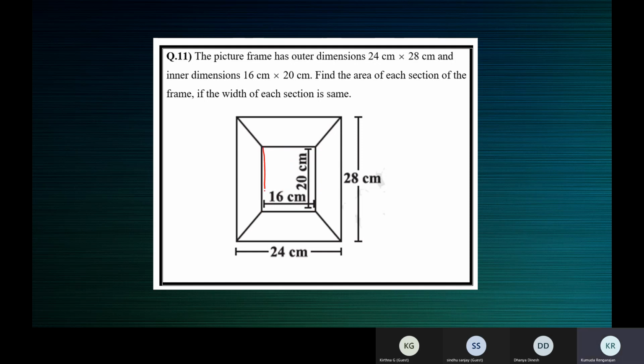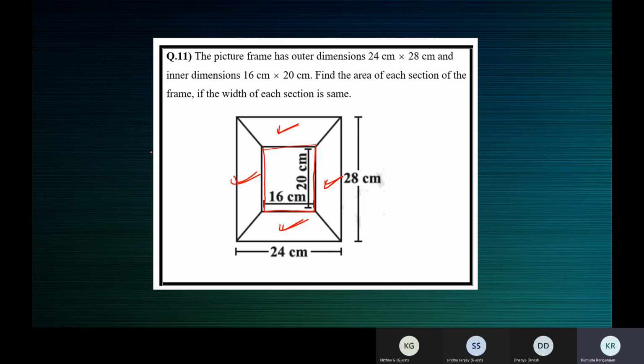These portions are the frame. There's only one frame, and these are the different parts of the frame.